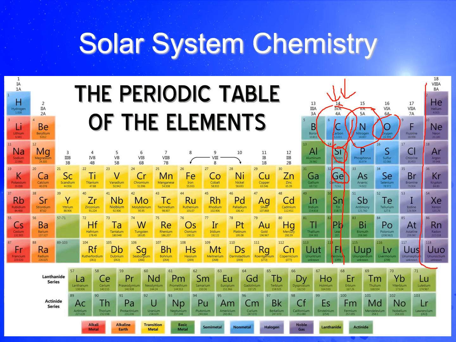Everything in this outer column here is noble gases because all their electron shells are filled. Everything in the first column here has 1 loose electron in the outermost shell, and so they all behave very similar chemically.